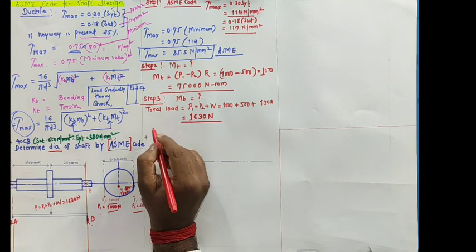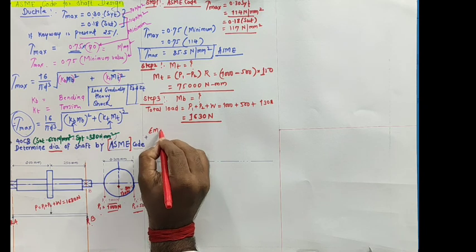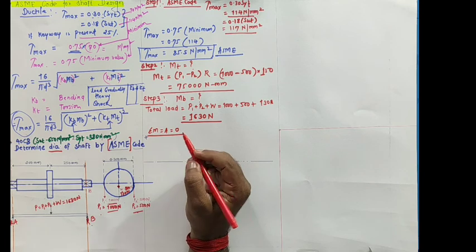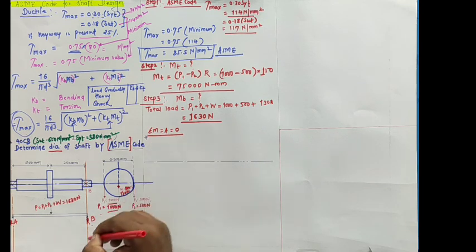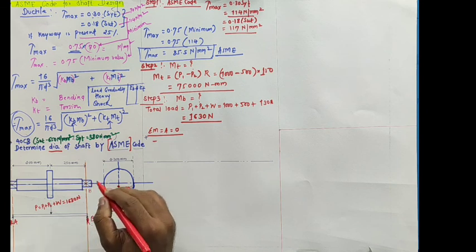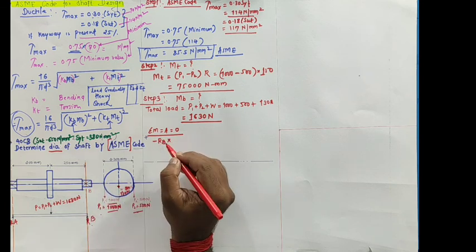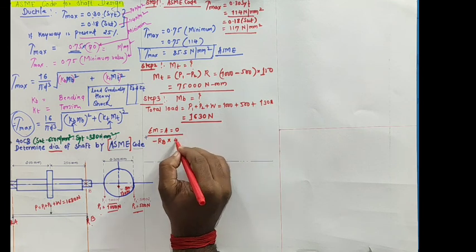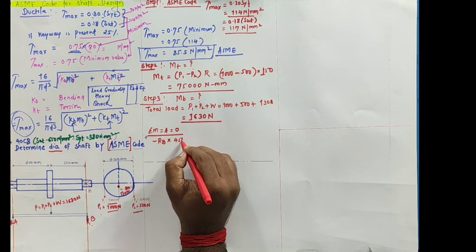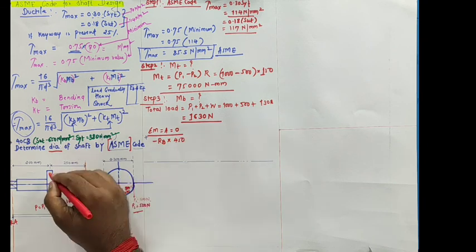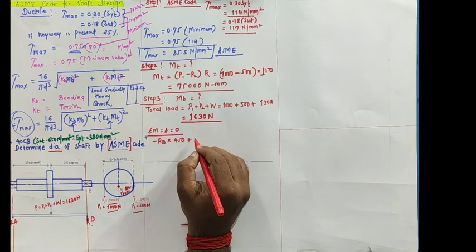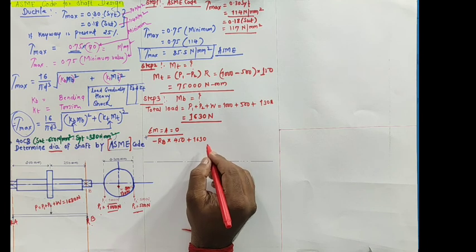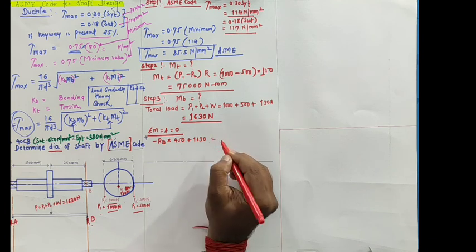Here, as I told you, we'll take moments with respect to A. If I consider the moment with respect to A as 0, the sign is moving in upward direction, so minus RB into 250 plus 200, that is 450, correct? Minus, now it is moving downward, plus total load 1630, force into perpendicular distance, which is equal to 0.